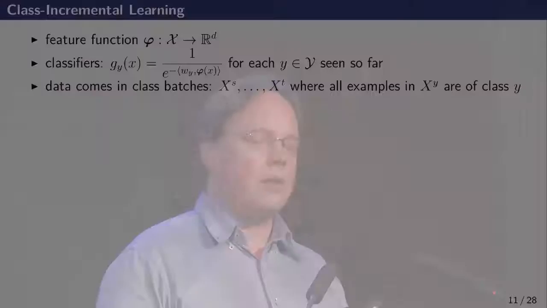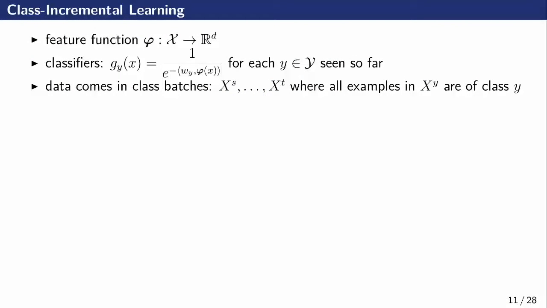And then we will assume that the data comes in batches, which we denote by capital X with an index S, and that is basically the same as the class. So X1 would be all examples of class 1, X2 would be all examples of class 2, and so on. So how can we train with data coming in such an incremental fashion? Well, we all know how to train incrementally already, so we can just do stochastic gradient descent on some multi-class objective.